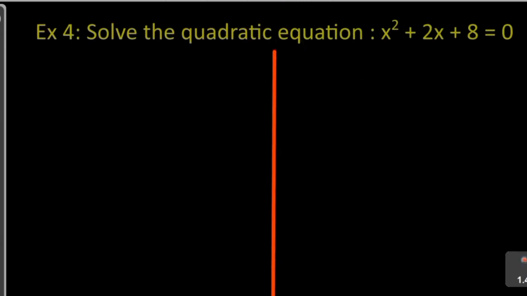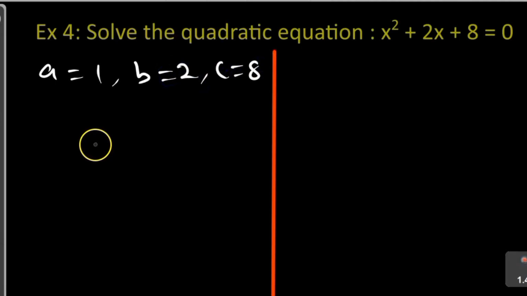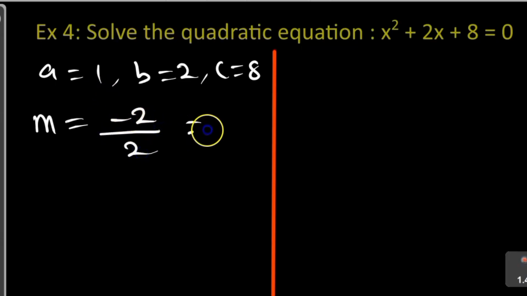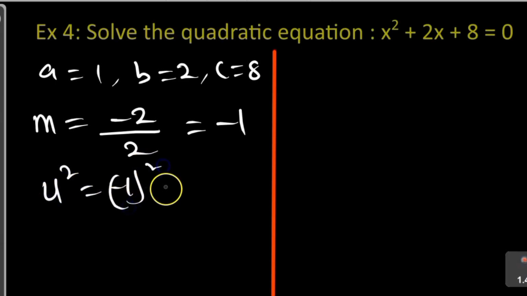Next problem, solve the quadratic equation x squared plus 2x plus 8. a is equal to 1, b is equal to 2, c is equal to 8. M is minus b over 2a, minus 2 over 2 times 1 is minus 1. So my M is minus 1. So U squared will be M squared minus c over a, so I have 1 minus 8.